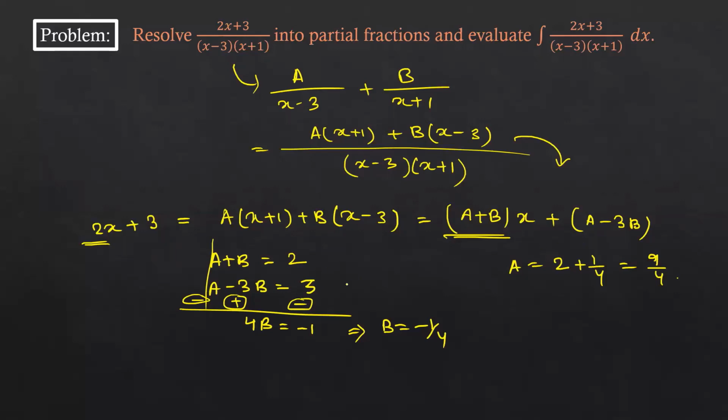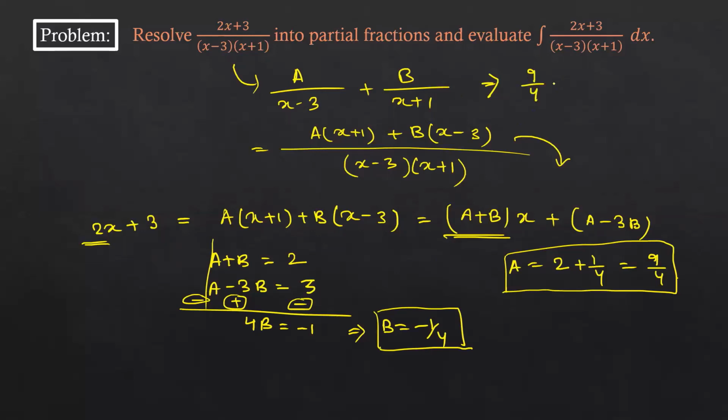And if you take the elimination process here, you have 4B equal to minus 1, which gives B equal to minus 1 by 4, and A equal to 9 by 4. So just put that A and B here. That means you have 9 by 4 into 1 by x minus 3, and minus 1 by 4 into 1 by x plus 1.